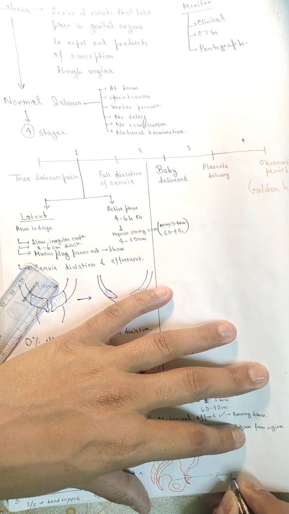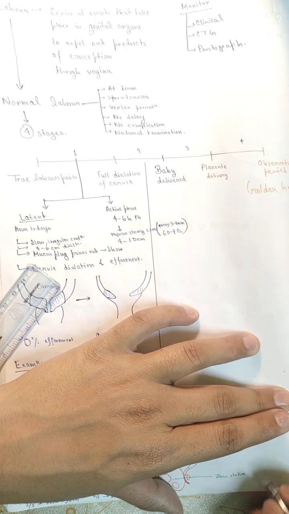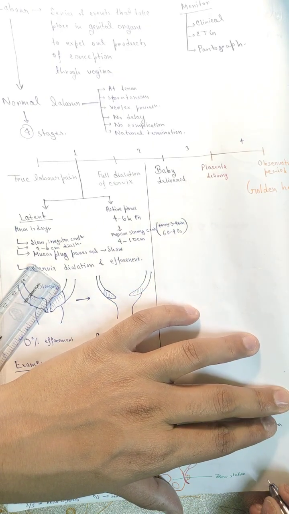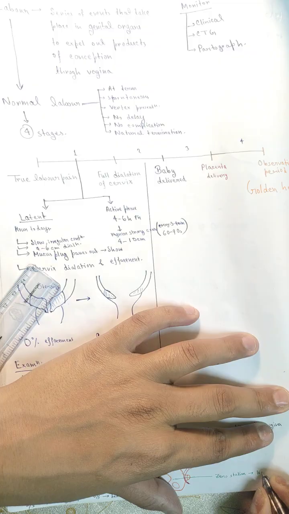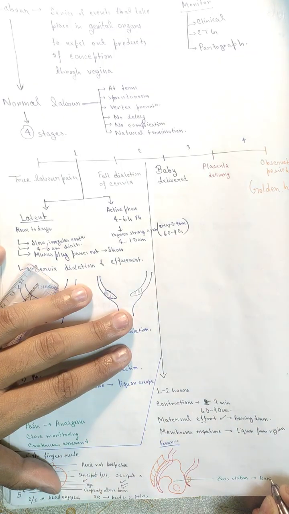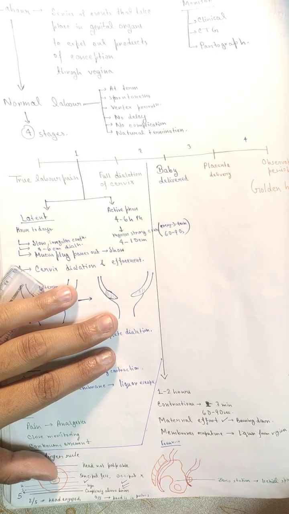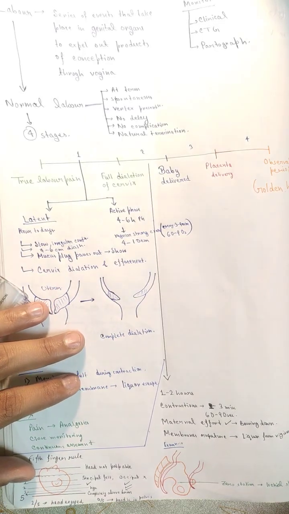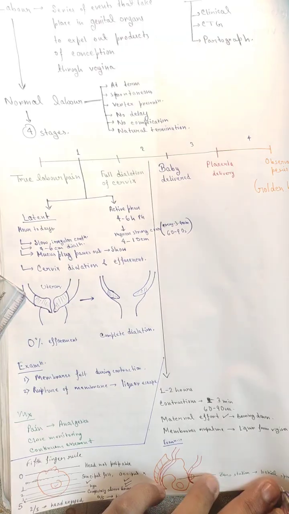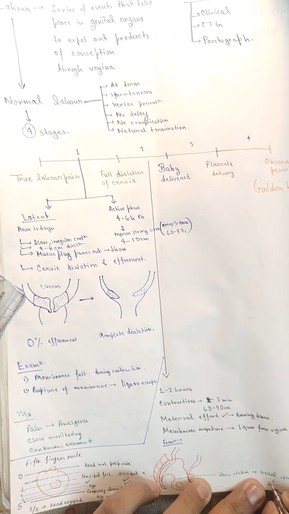This is 0 station. We have at ischial spine. It means just engaged. Head is just engaged.